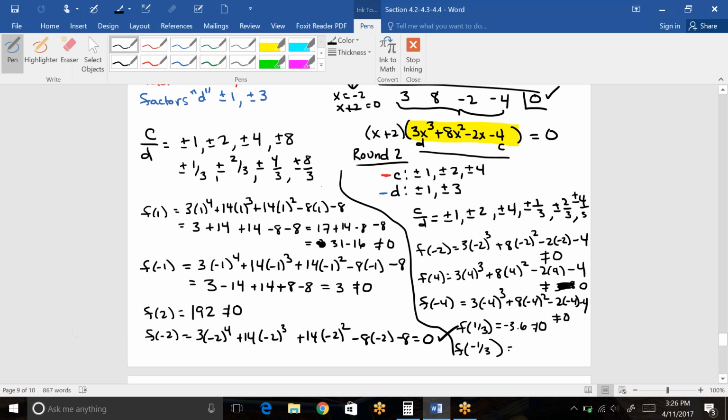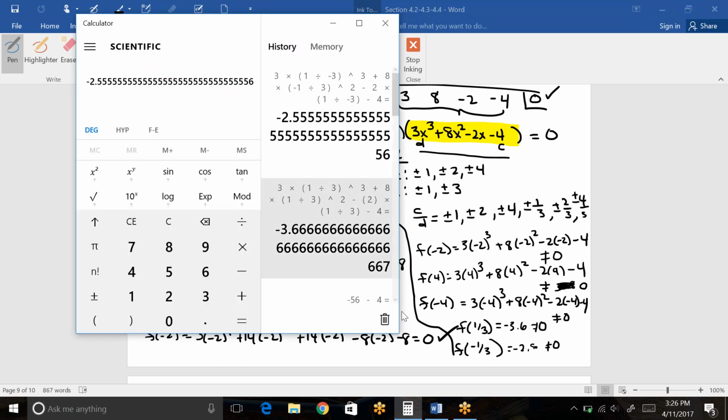So we're getting closer, but still not 0. So I still need to try 2/3 and negative 2/3 and 4/3 and negative 4/3 to see if any of those work.